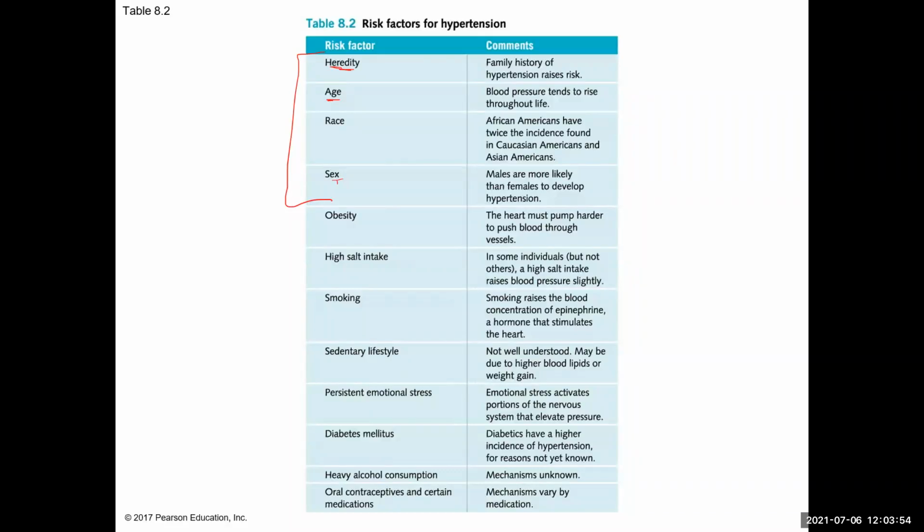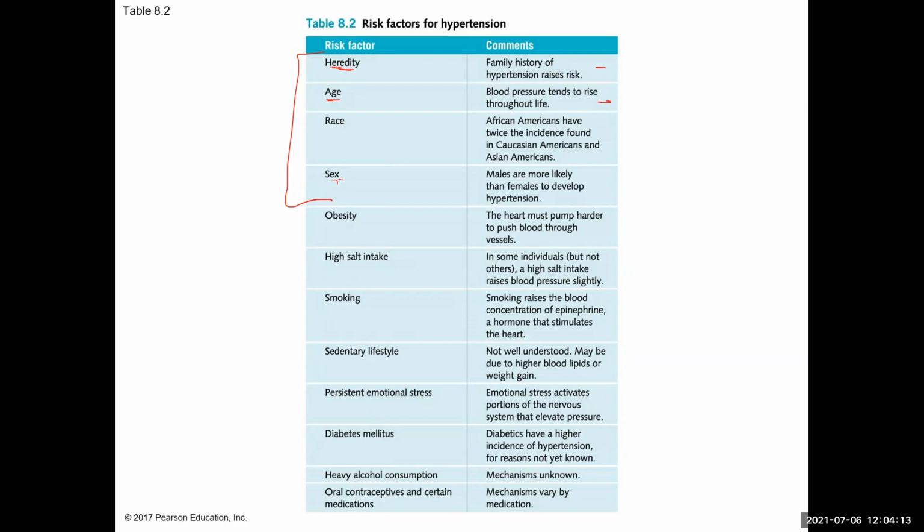Your family history, so your genetics, can determine whether or not you're at a higher risk for high blood pressure. Age: your blood pressure tends to rise throughout your life as your circulatory system ages and becomes exposed to the pressure over decades of use.